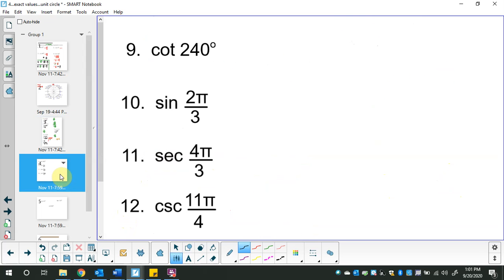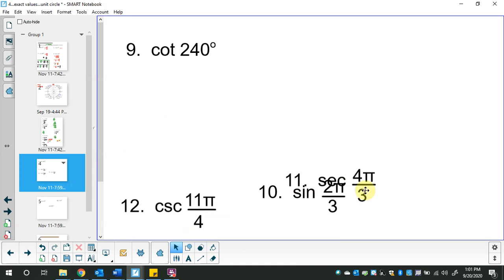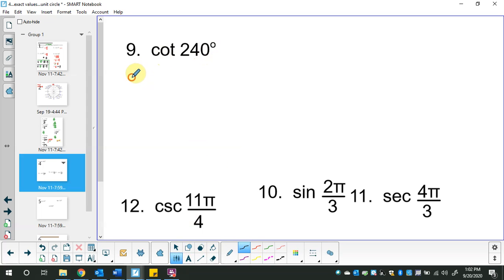So we've got a couple more questions, same deal, and the fact that I have to build in radians. So I'll move some of these off to the side so I have some space to work, and we'll deal with one problem this time. 240 degrees is on the unit circle, so I don't have to do any green subtracting for coterminal angles, but I do have to deal with cotangent. So let's deal with that.